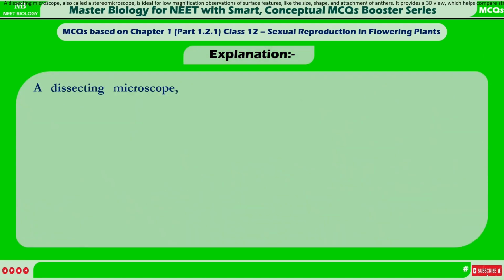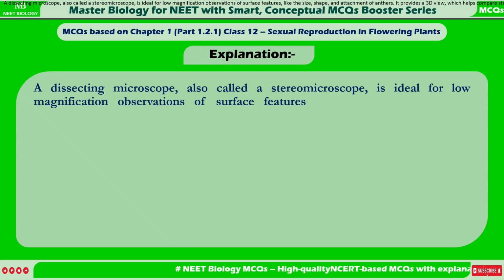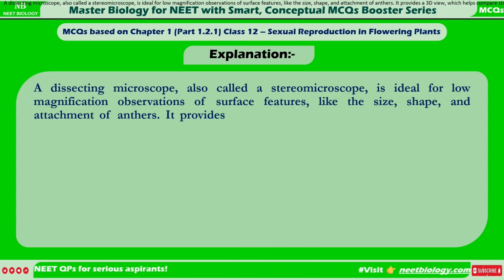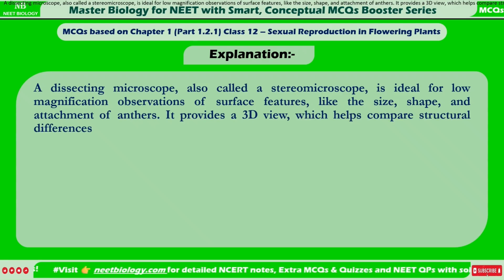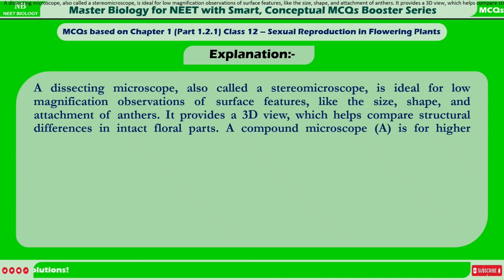Explanation. A dissecting microscope, also called a stereomicroscope, is ideal for low magnification observations of surface features, like the size, shape, and attachment of anthers. It provides a 3D view, which helps compare structural differences in intact floral parts. A compound microscope, A, is for higher magnification of thin sections, not suitable for whole anthers.